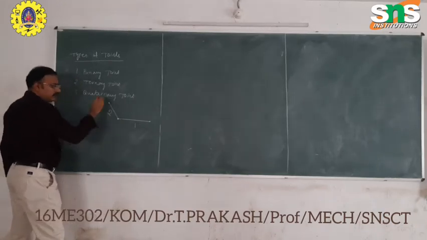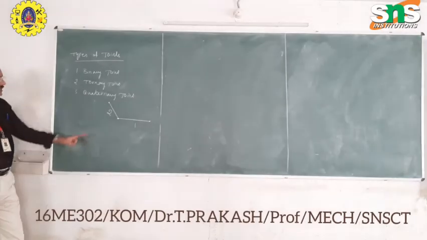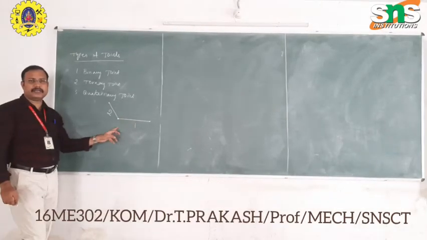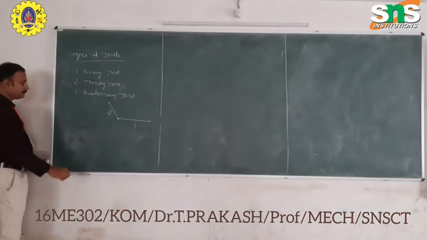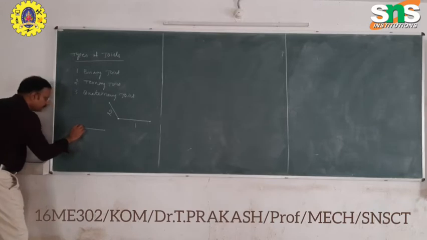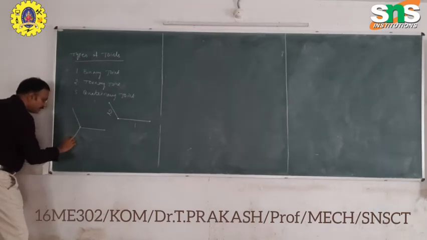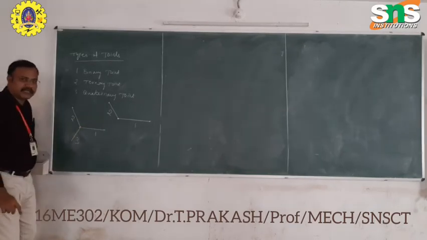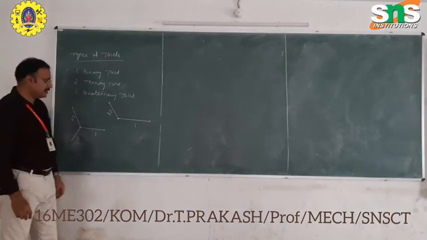When we connect two links to form a joint, it is called a binary joint. In a ternary joint, when we connect three links in a single joint, it is called a ternary joint.